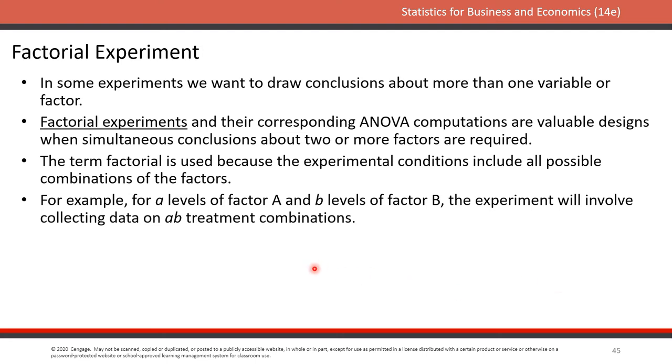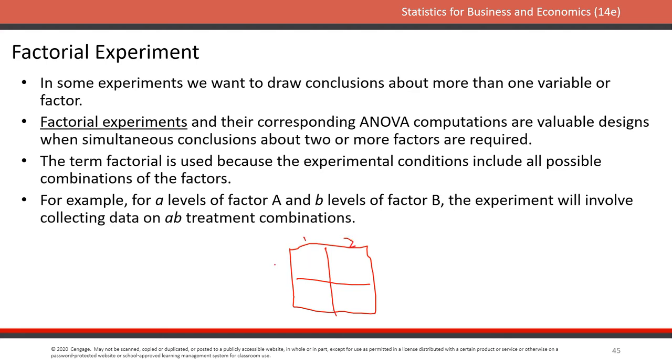Now, to deal with this, we have to realize that we're going to have a whole bunch of people in factor A and a whole bunch of people in all the different levels and a whole bunch of different people in factor B. So if we draw this out, we're going to get this kind of a square, and I'm just going to do two levels in each.